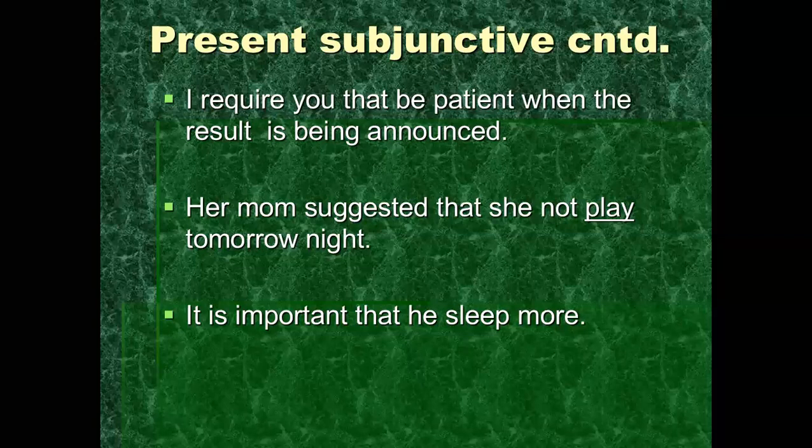Now, in this case, I'm using does not because the sentence is in the indicative mood. But in case of the subjunctive mood, we're not going to have do or does after the subject. So we would omit do or does and we would simply say she not play, I not play, they not play.